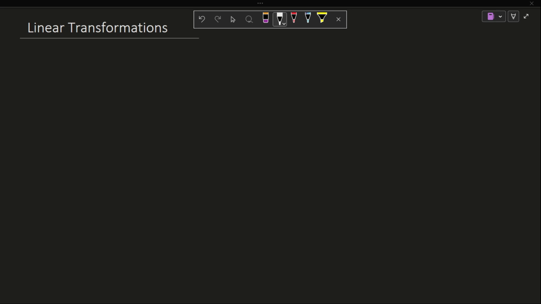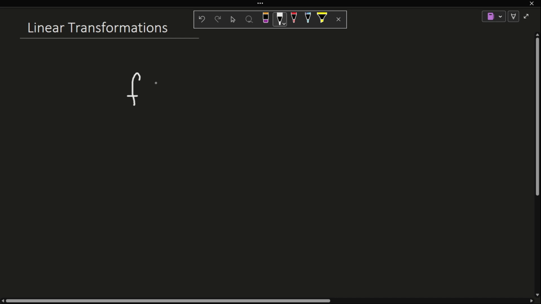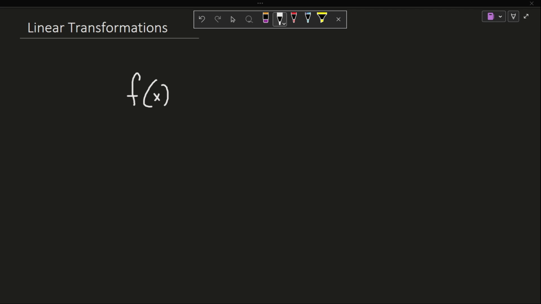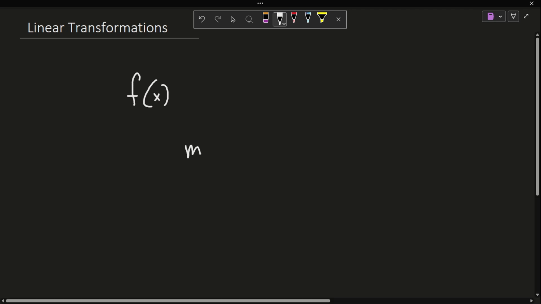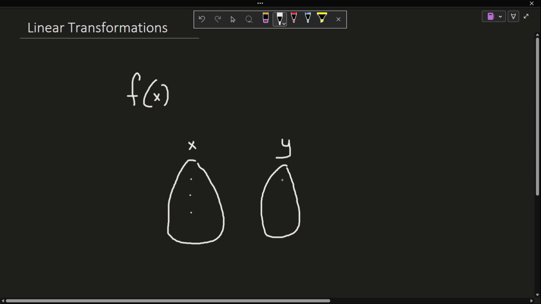So in high school algebra, we learned this basic function notation, f of x. What this f of x does is it maps a value in our x's to a value in our y's. So we have a set of all our x's here, and a set of all our y's here, and it maps and transforms each of these values to a corresponding one in y.